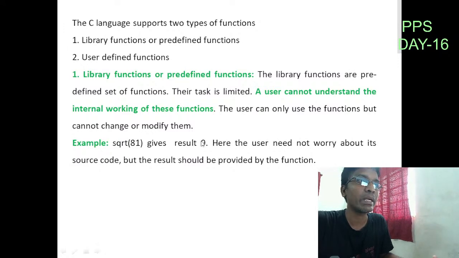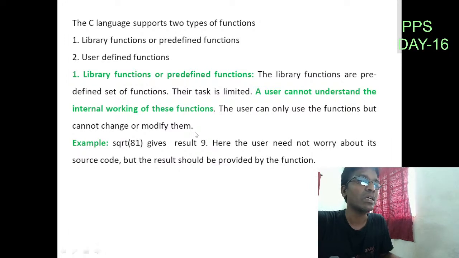I hope you understand what I am saying. If you use predefined library functions, or available library functions, in a C program, we have to use those functions for running the program without doing any modifications on that function.